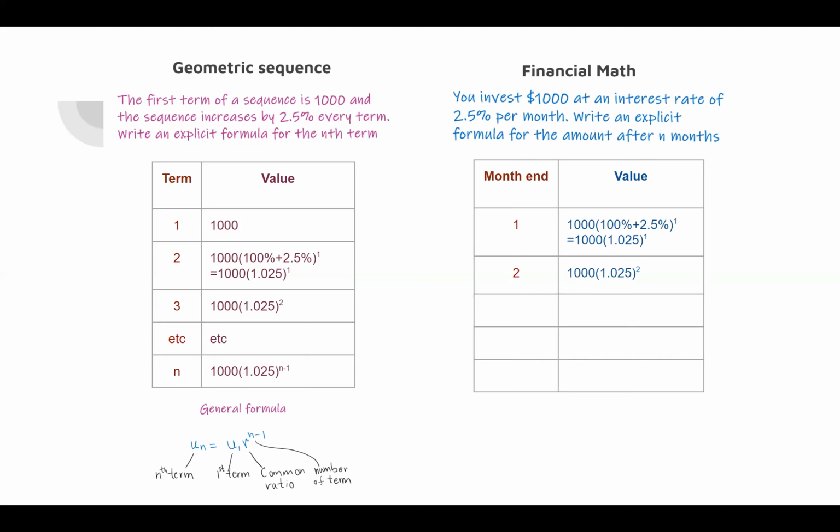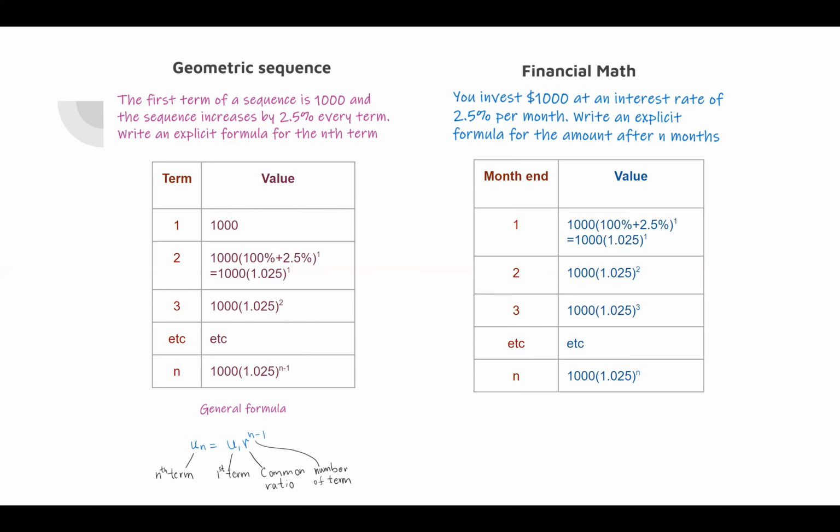The second month end would be 1000 times 1.025 to the power 2, because in effect, each month you multiply the amount left over at the end of the previous month by 1.025, the multiplication factor, or the common ratio. For the third month end, it's 1000 times 1.025 to the power 3, and so on. You notice now that for each month number, the exponent is the same as the month.